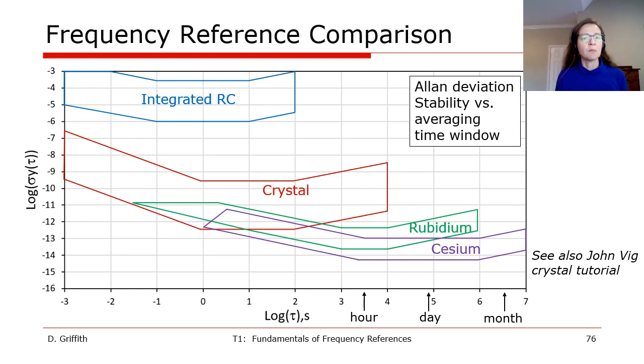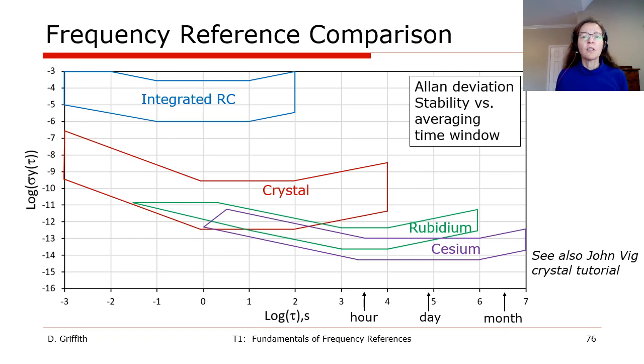For each type of oscillator, there's a box showing where the typical Allan deviation results will be. You can see that the integrated RC oscillators are at the top in blue, and then several orders of magnitude below them are the crystal oscillators in red. And then several orders of magnitude below that are the Allan deviation for the rubidium and cesium atomic clocks.